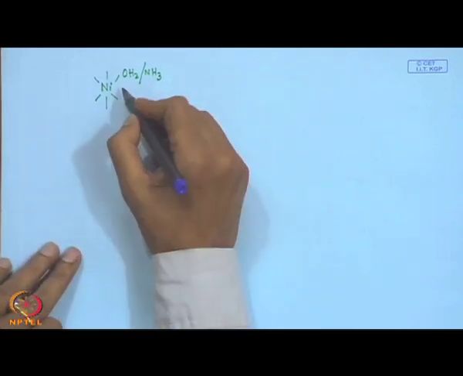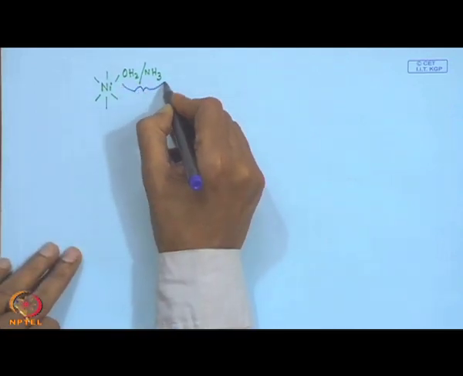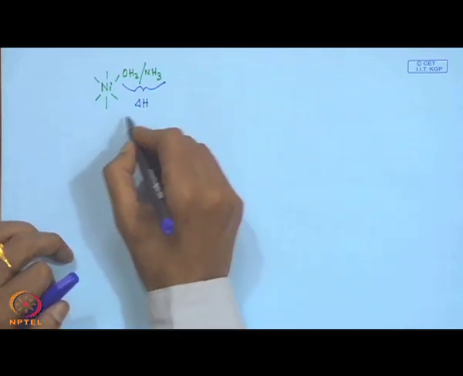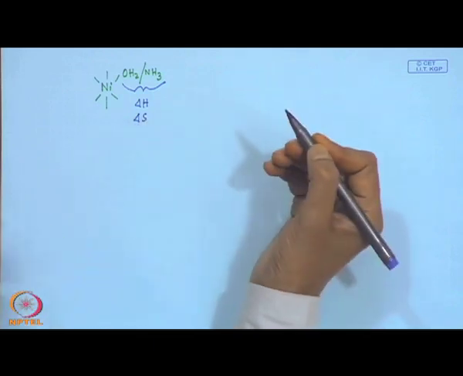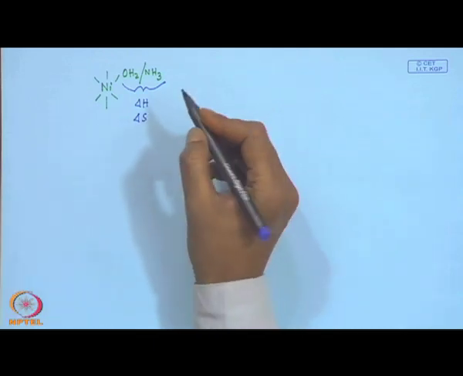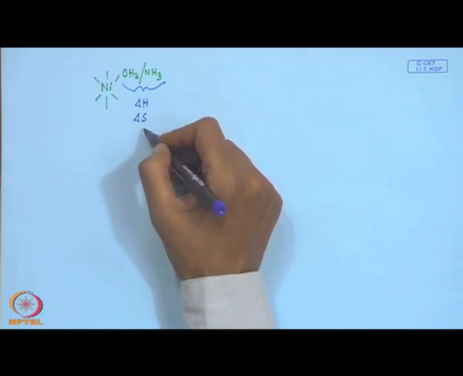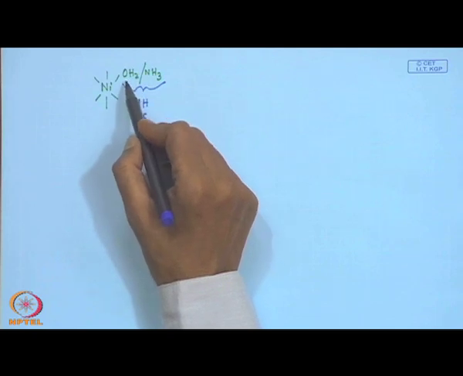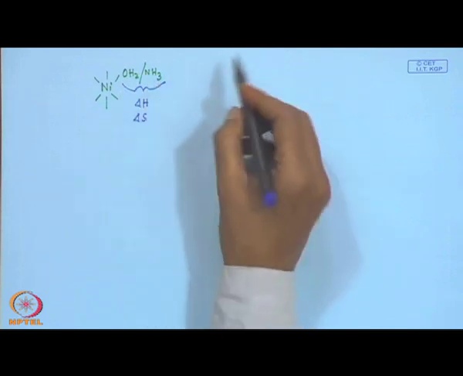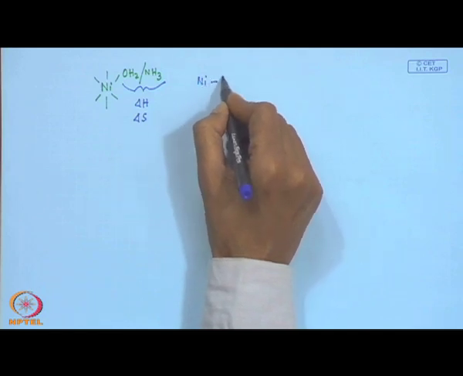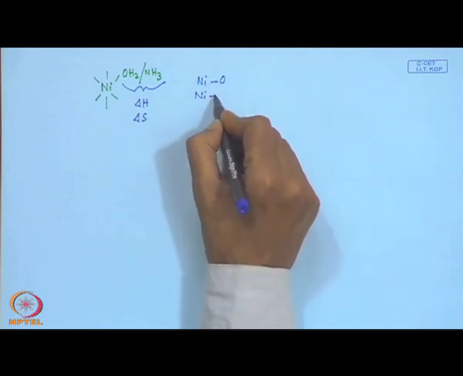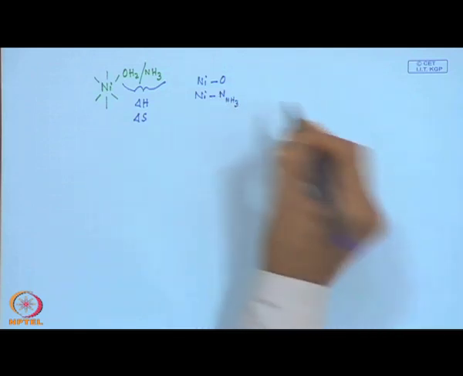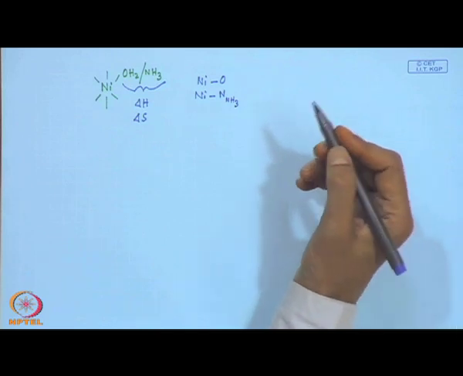So, we have the corresponding values for delta H and the corresponding values for delta S. So, we have the contribution from the enthalpy as well as the entropy, but in this particular case we are replacing the water molecule by the ammonia molecule, but the nature of these bonds from Ni-O to Ni-N we are changing, and this nitrogen bond is coming from the ammonia molecule.